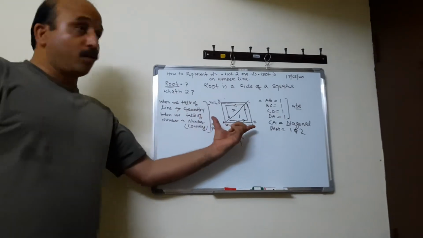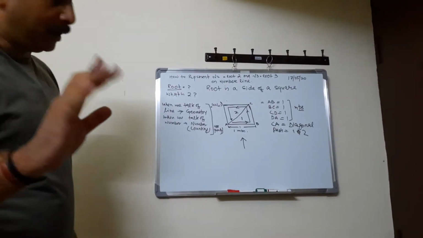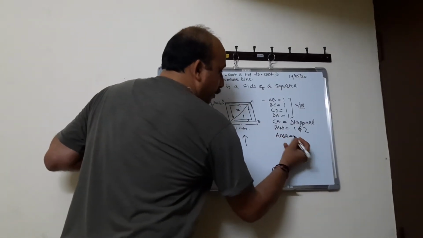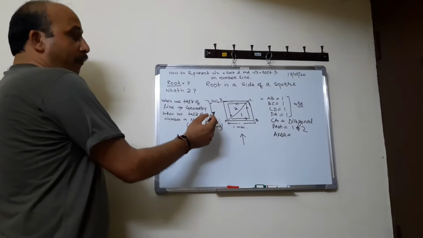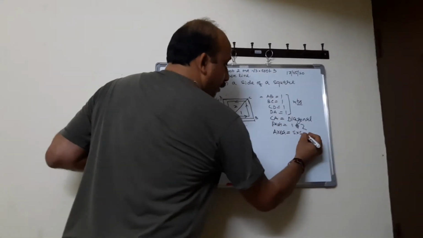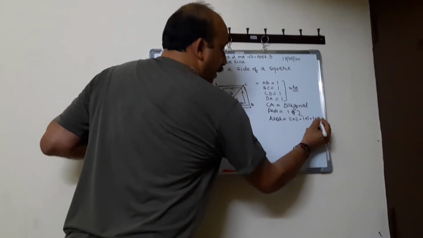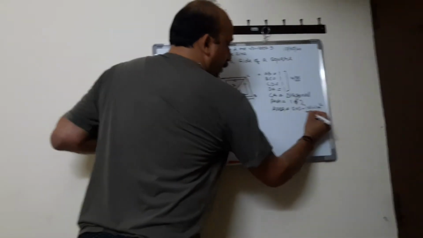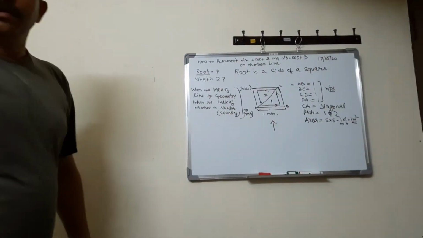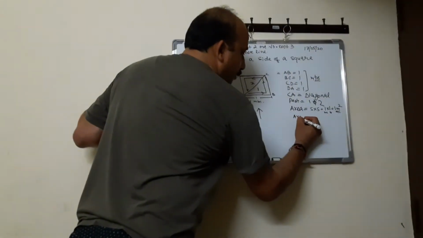And when we talk of square, we talk of area and perimeter. Perimeter we don't have anything to do. We will talk of area, right? So what is the area of a square? Side into side. So side is 1, another side is 1. It is 1 meter square, because it is meters, this is meters. So area of this is 1 meter square. What is the area of each part?